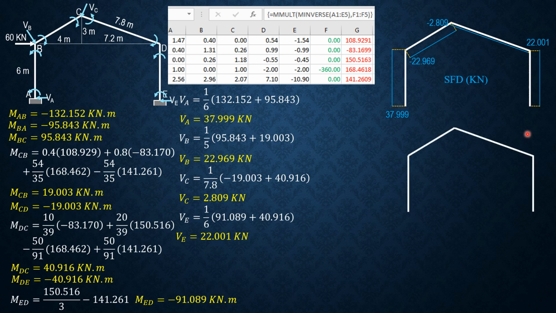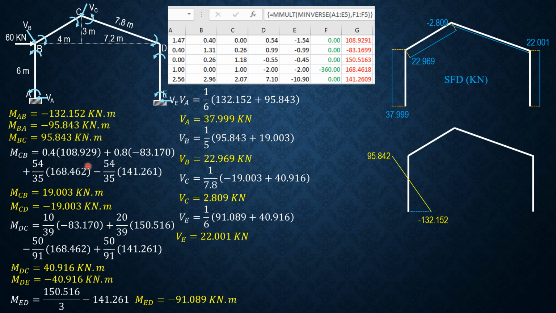For the bending moment diagram, we begin with negative 132.152, then negative 132.152 plus 37.999 times 6, straight, then we'll have 95.842.